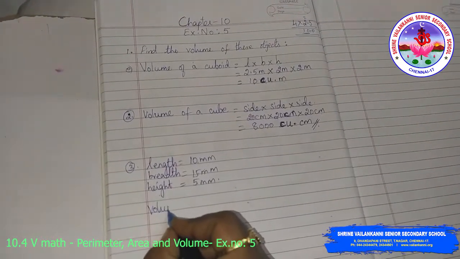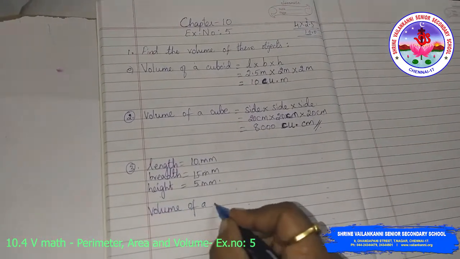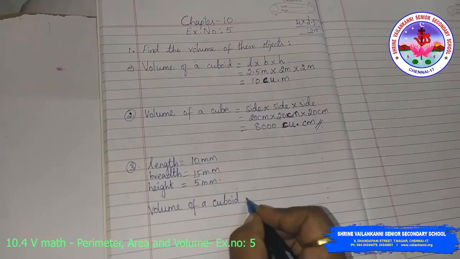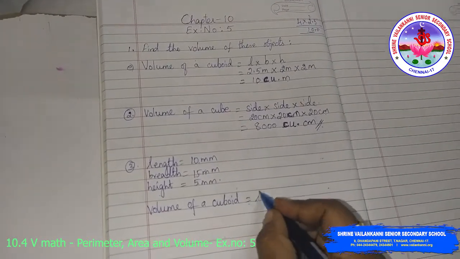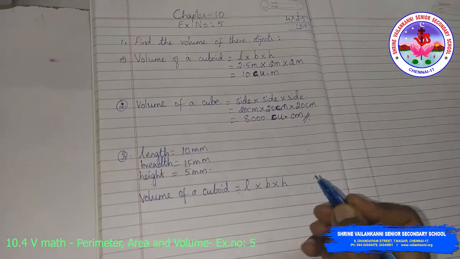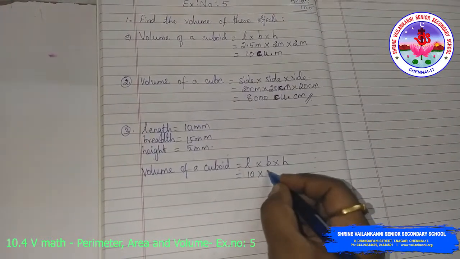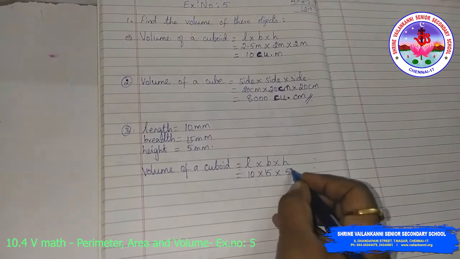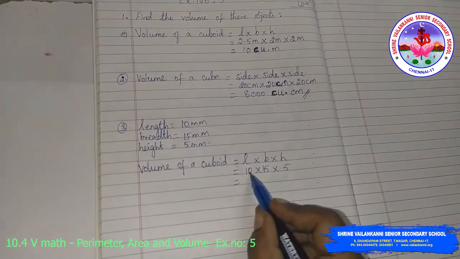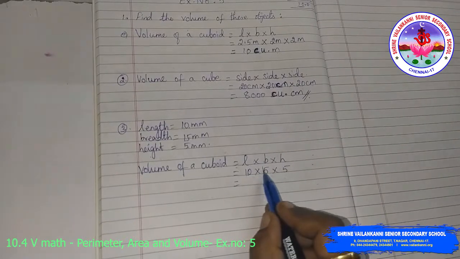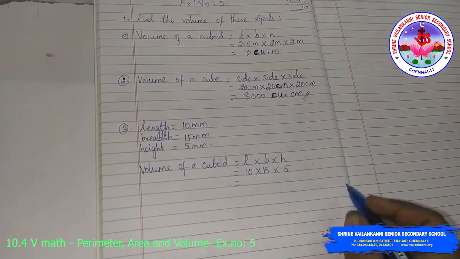So the volume of a cuboid is equal to L into B into H, that is 10 into 15 into 5. Now 10 into 15 gives 150.